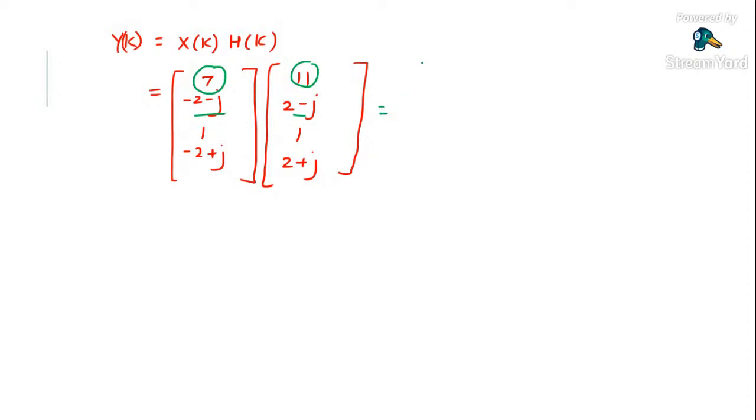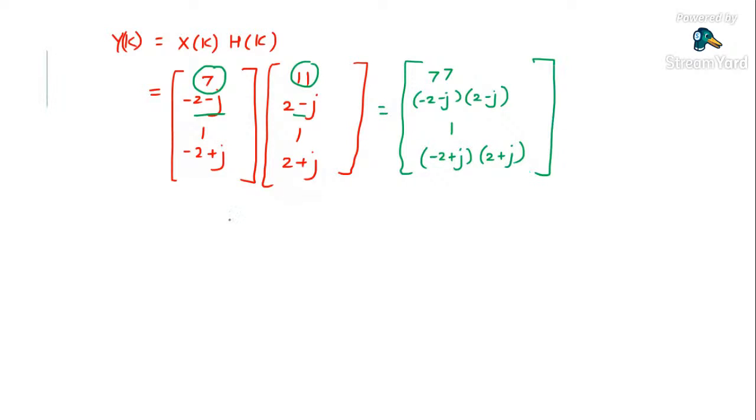So 7 into 11 is 77, then (-2-j) multiplied by (2-j), 1 into 1 is 1, and then (-2+j) multiplied by (2+j). So pointwise multiplication you must do.